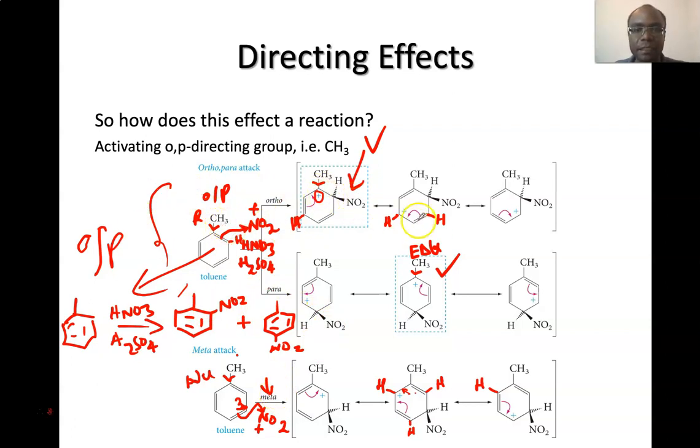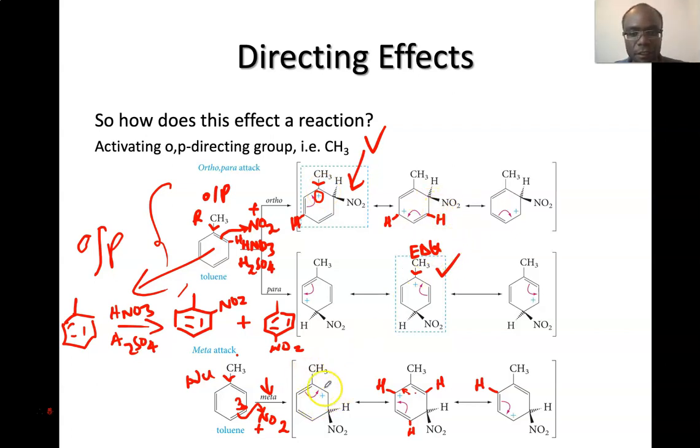You will see that in our resonances, the plus sign is sharing a carbon with the electron donating group. You want that because those electrons donated on that carbon will quench the plus character, reducing the activation energy and making the reaction go faster.